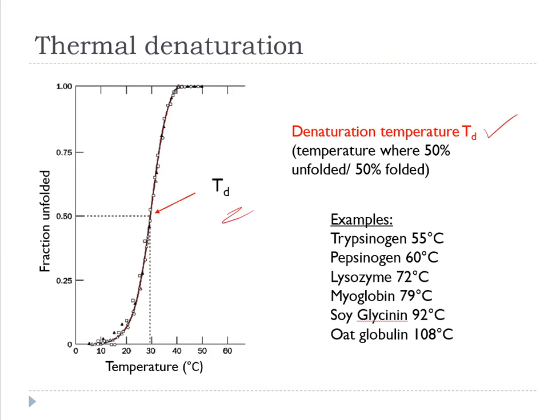And it depends on the protein type. Here you see some examples. Each protein has different denaturation temperature depending on the amino acid sequence and the structure type. Denaturation temperature is the temperature at the transition midpoint, where the concentration ratio of native and denatured state is 1.